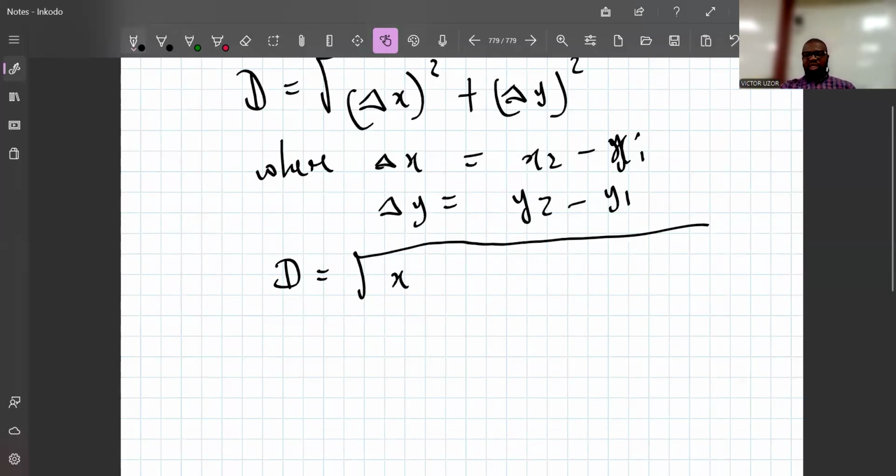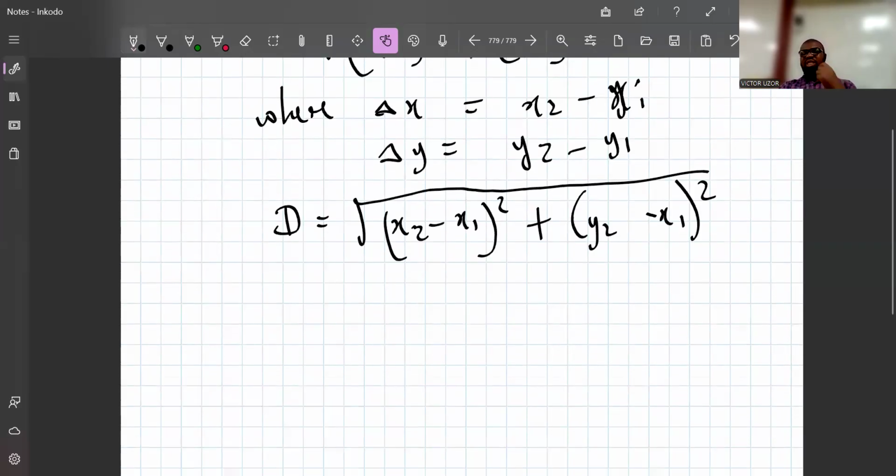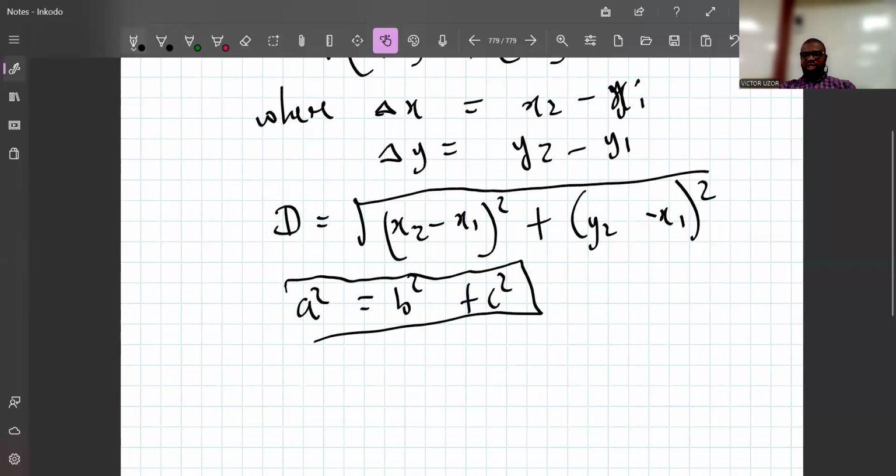So, x2 minus x1 squared plus y2 minus y1 squared. If you look at this, it looks like Pythagoras theory that says a square is equal to b square plus c square. So this is how you do it. The whole thing is also going to look like a triangle.